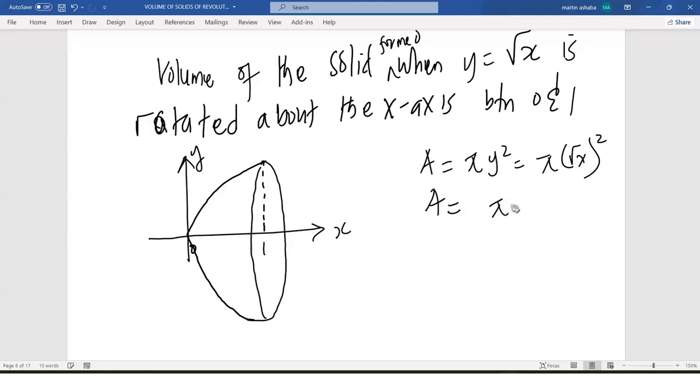and that area is going to be defined by pi x, because root of x squared, I'll have it as x, meaning that volume will equal integrating this pi x from 0 to 1 with respect to x.